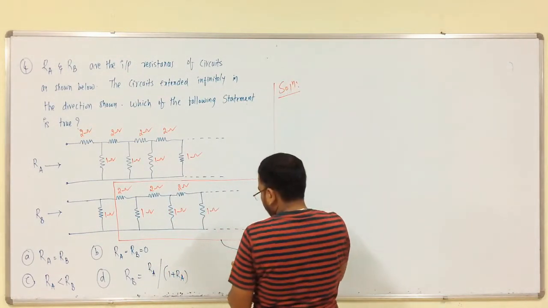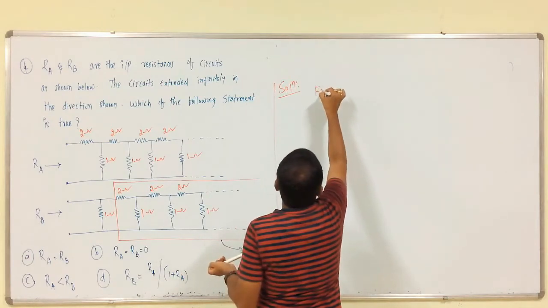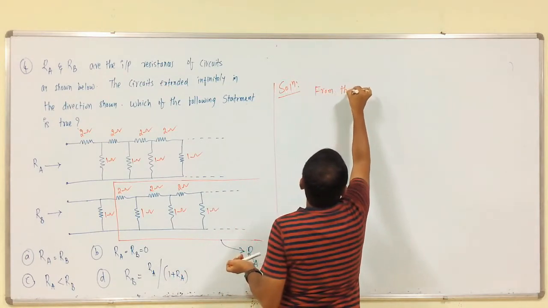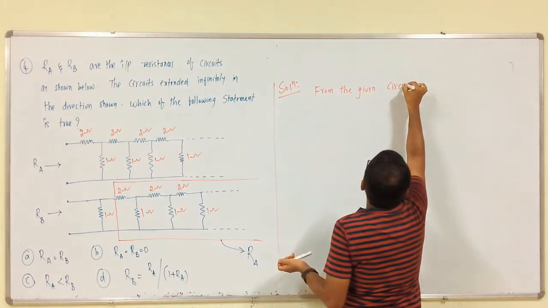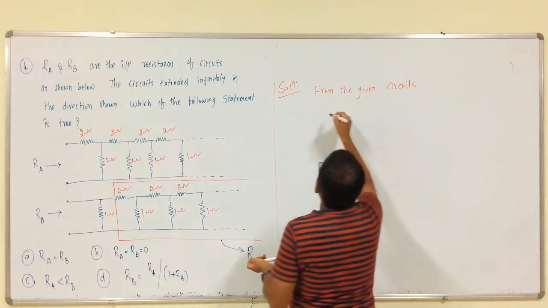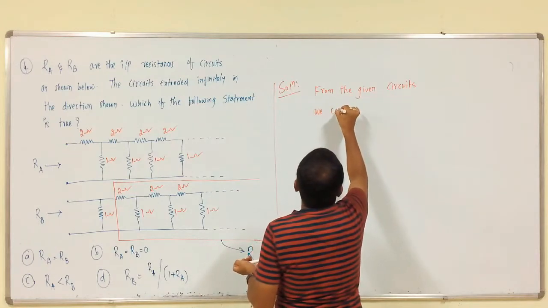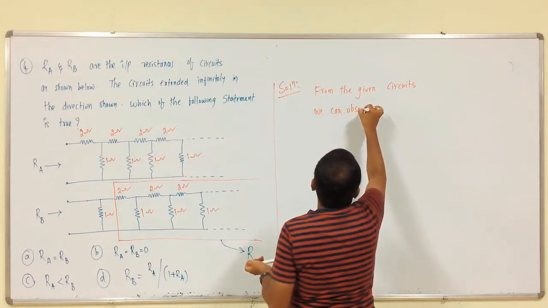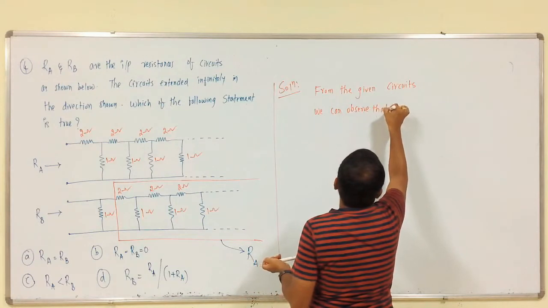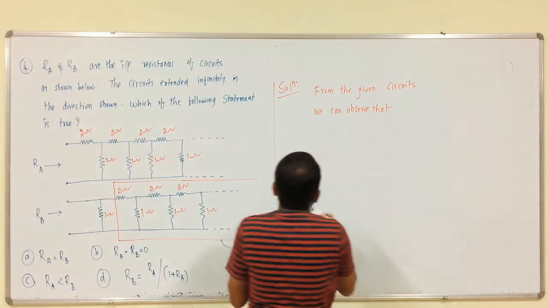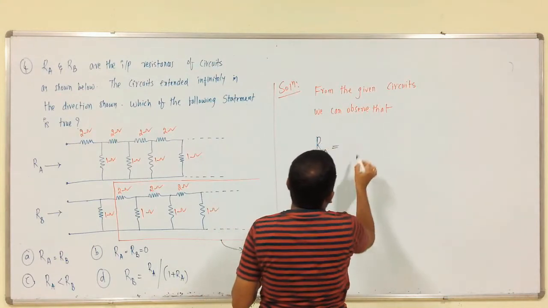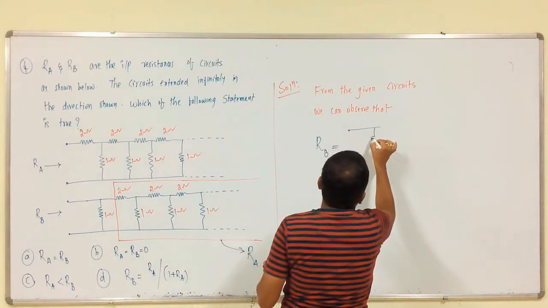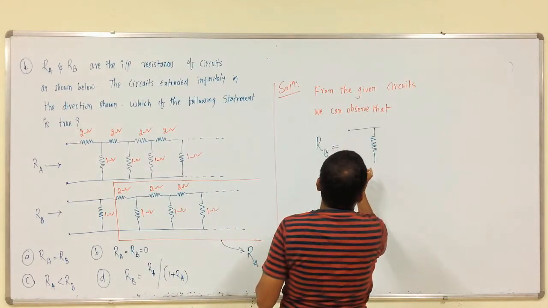Solution. From the given circuits, we can observe that RB is equals to what? This is the 1 ohm branch.